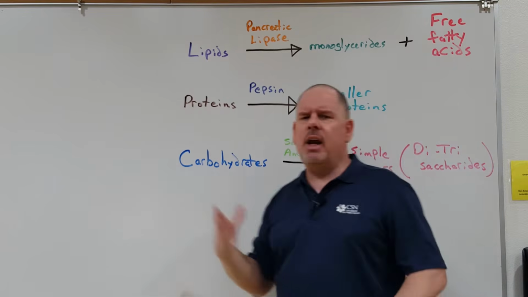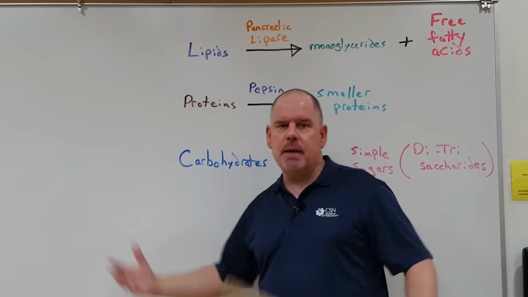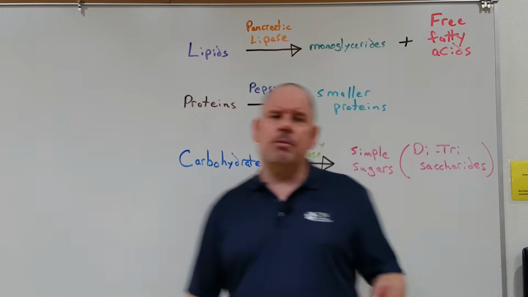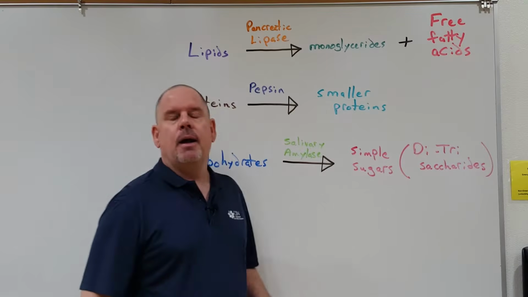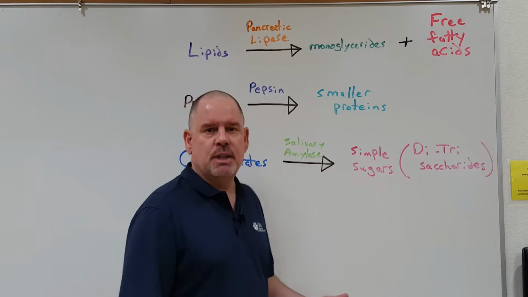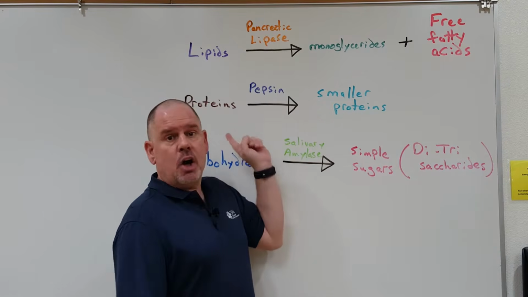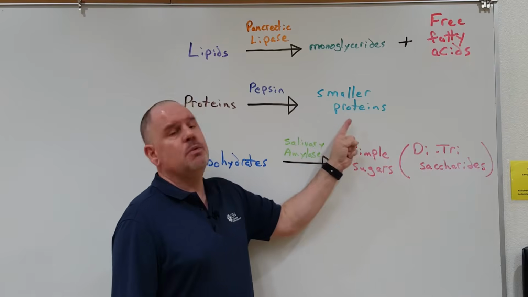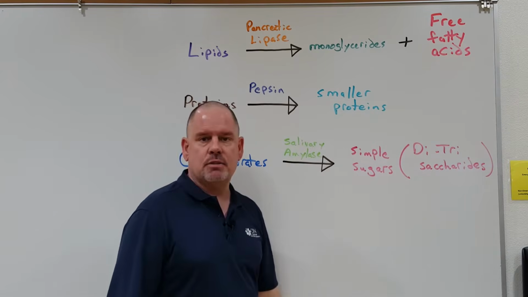Proteins, very large, many monomers, big polymers. All we will do with protein digestion, excuse me, I tripped on a cord there. All we will do with protein digestion is digest large proteins into smaller proteins. This is what pepsin does for us.